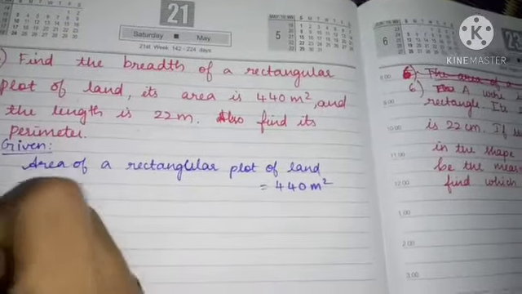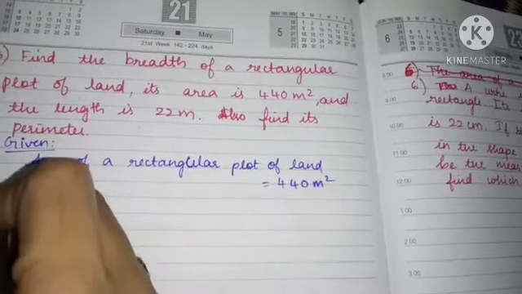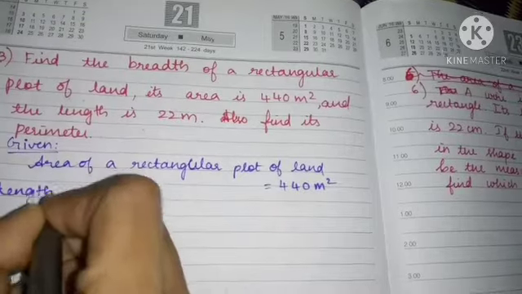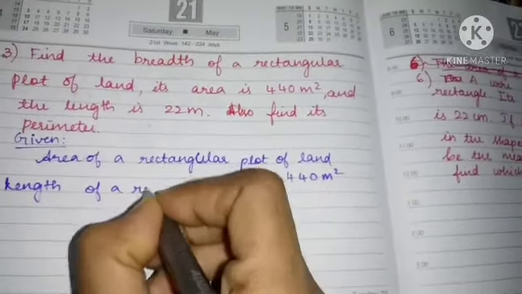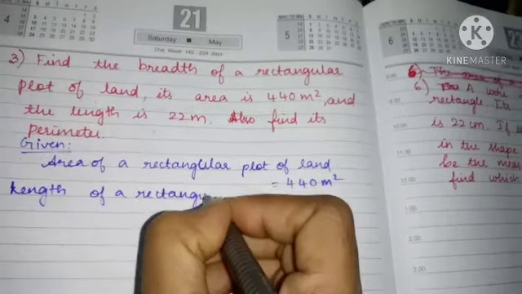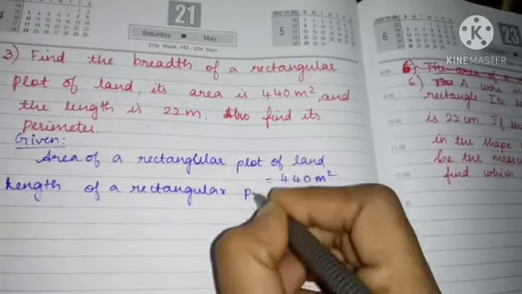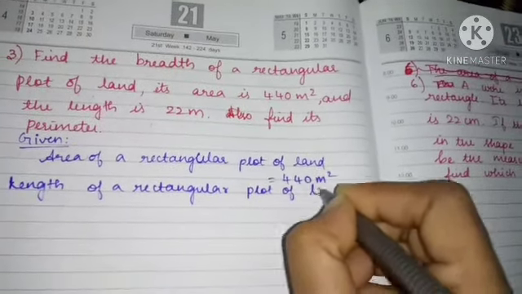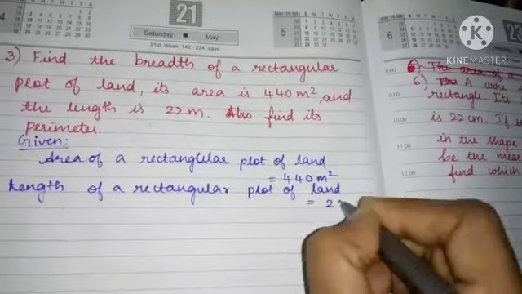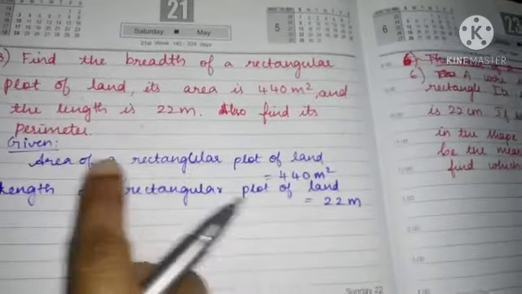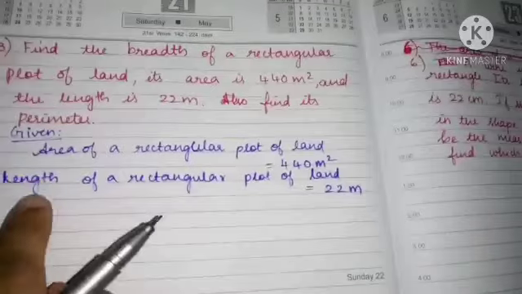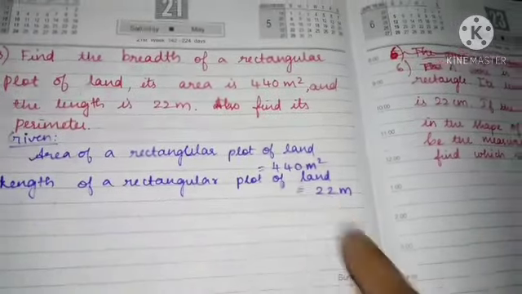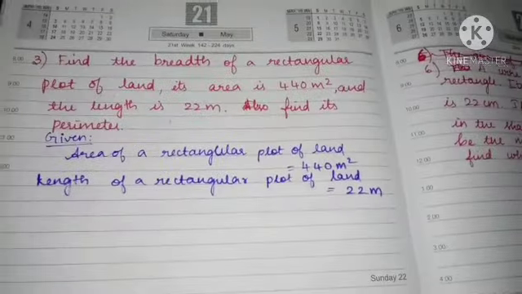Then the length of the rectangular plot of land is equal to how much? 22 meter. So the area of the rectangular plot of land is 440 meter square and the length of the rectangular plot of land is equal to 22 meter.